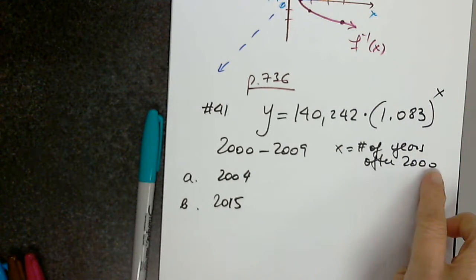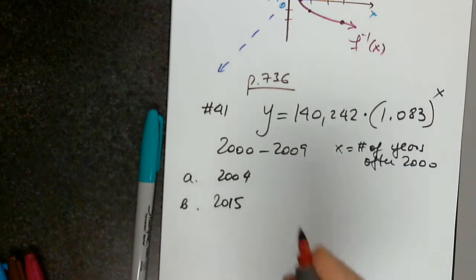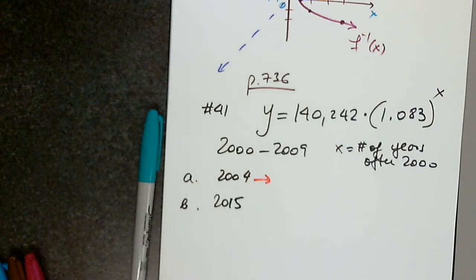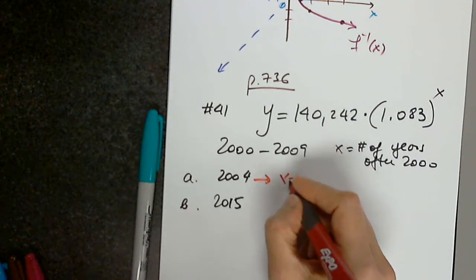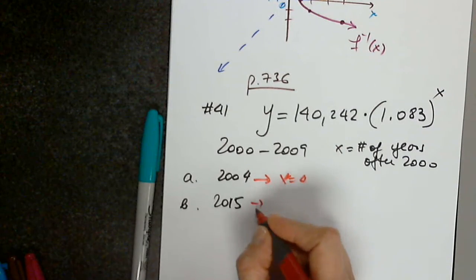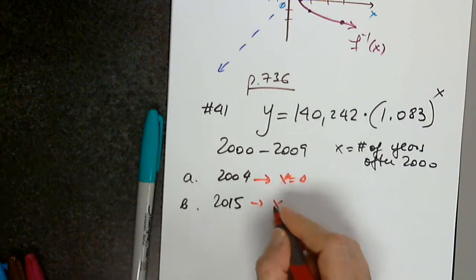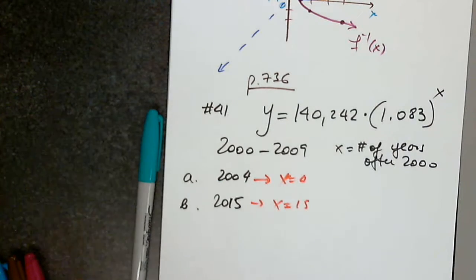X is the number of years after 2000. So then what does this represent? Very good. Here's what I recommend.